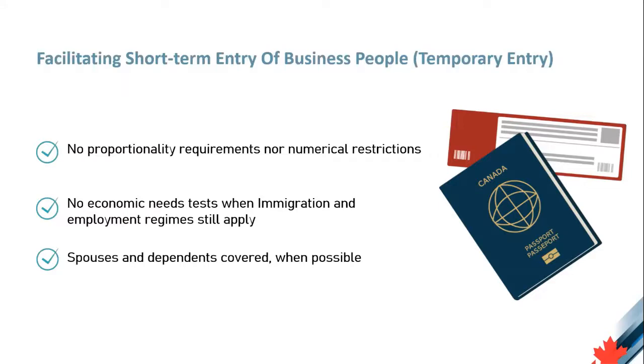What the free trade agreement does to help Canadian companies is that when you need to send your workers or yourself to those countries, there are no labour market requirements nor numerical restrictions.